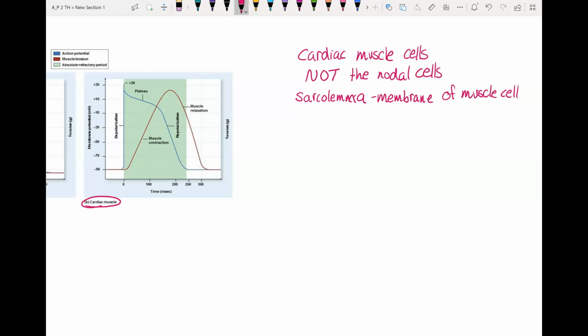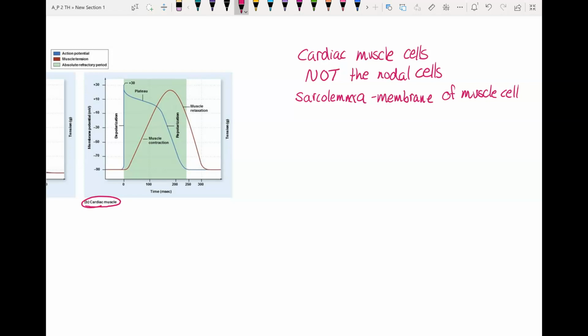Remember in chapter 10 you learned about acetylcholine, the neurotransmitter that stimulates skeletal muscle, released from the motor neuron onto the muscle. That causes an action potential in the sarcolemma. The action potential goes down the T-tubule. That's what makes the terminal cisternae open their calcium gates, release the calcium, bind the troponin, and make cross bridges contract.